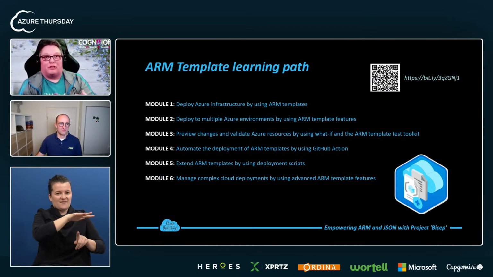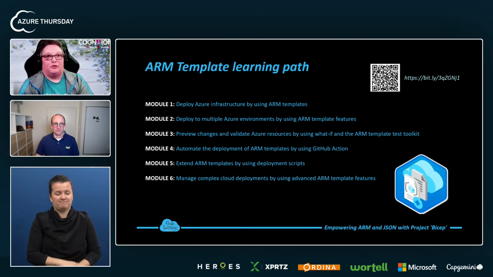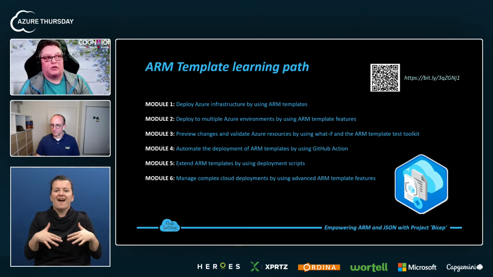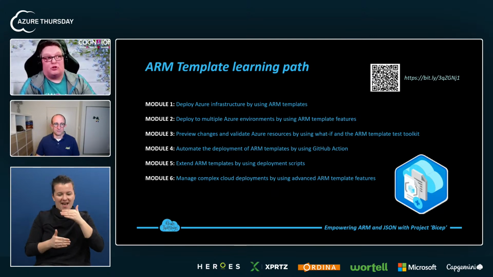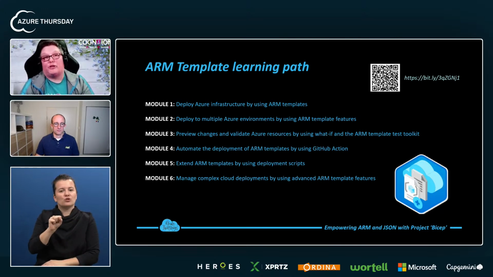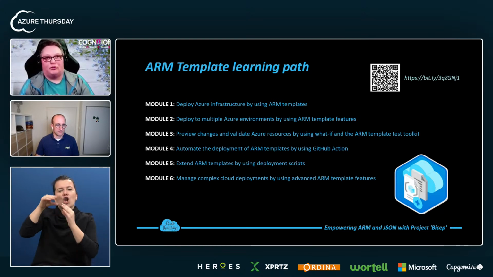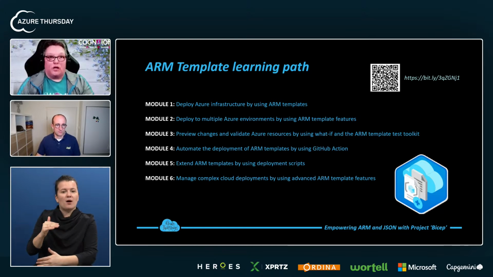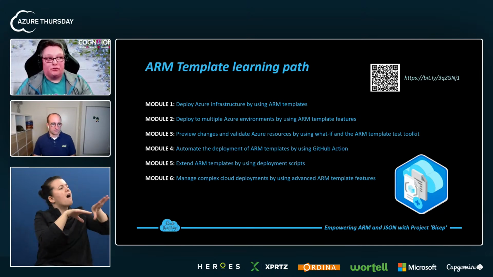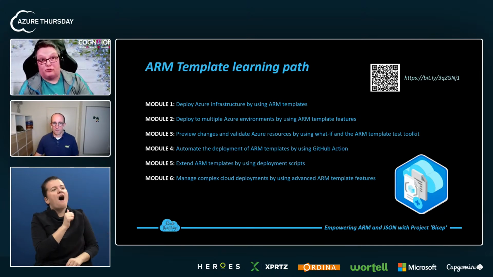Another cool resource that we definitely wanted to share with you is that there are special learning paths on Microsoft Learn for building your own ARM templates or using ARM templates for automated deployments. So feel free to check it out, because it will definitely help you to get started and to fully understand all the capabilities of ARM templates and the context that you can use them within.